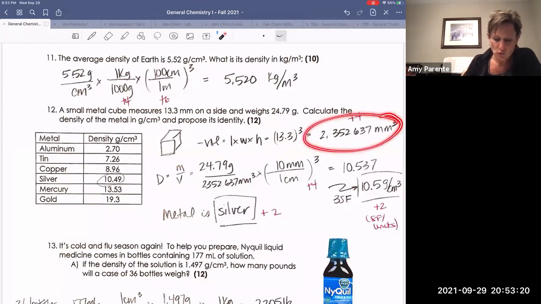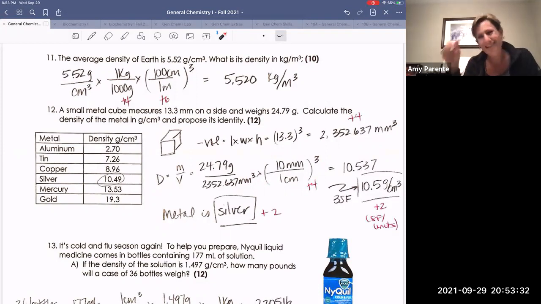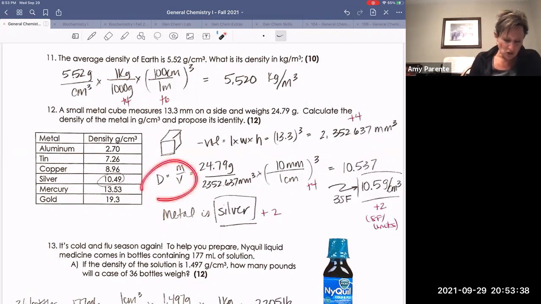You could get first to cubic millimeters and then use a unit conversion to convert from cubic millimeters to cubic centimeters. Or you could first convert your length, width, and height to centimeters and then determine the volume. But regardless, you needed to know that density is a relationship between mass and volume. The mass is provided for us, and so you're going to divide by your volume.